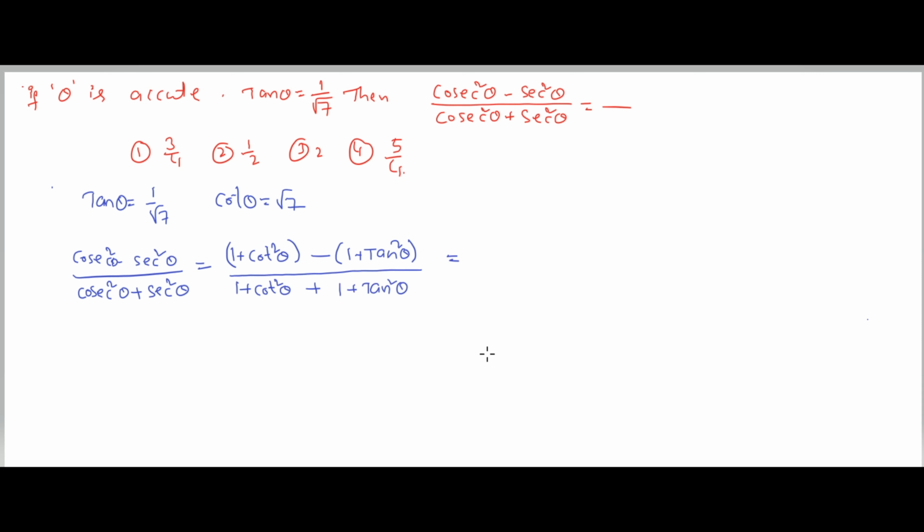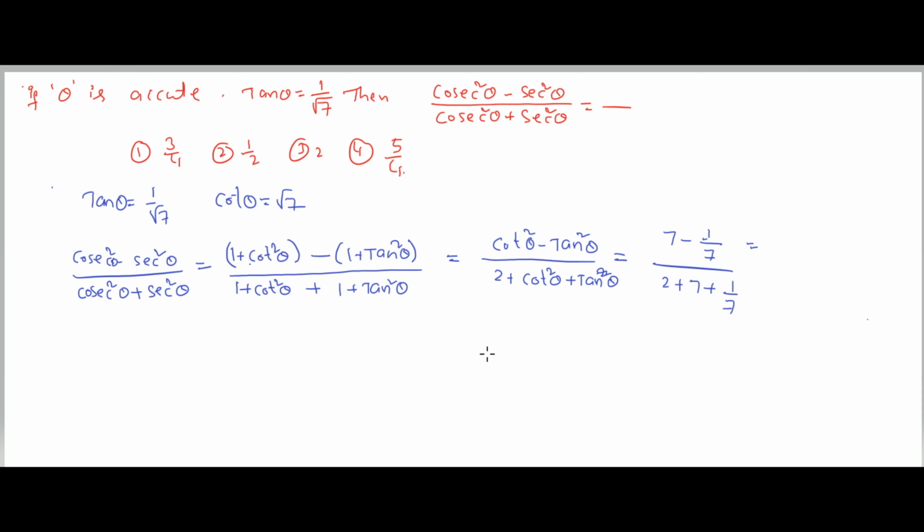That is equal to 1 plus cot²θ minus 1 minus tan²θ, that is cot²θ minus tan²θ, by 1 plus 1 is 2, plus cot²θ plus tan²θ. Substituting cot²θ and tan²θ: cot²θ is 7, tan²θ is 1 by 7, by 2 plus cot²θ is 7 plus tan²θ is 1 by 7.